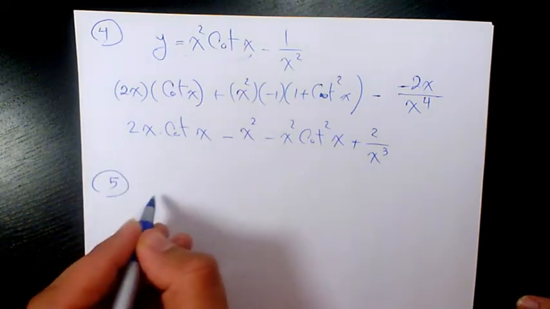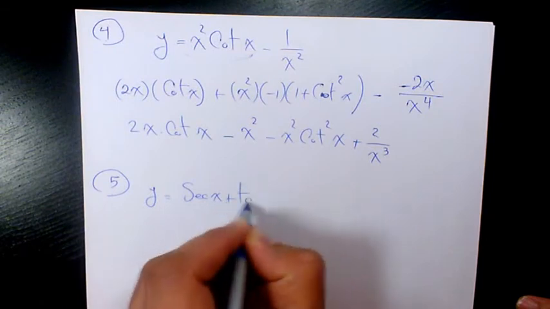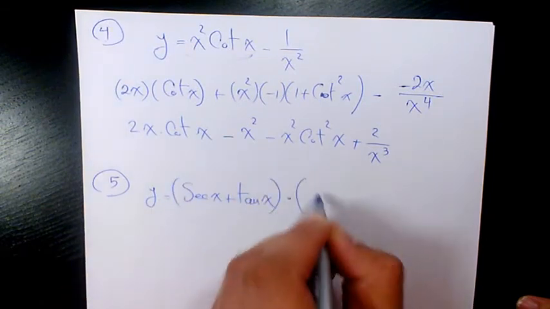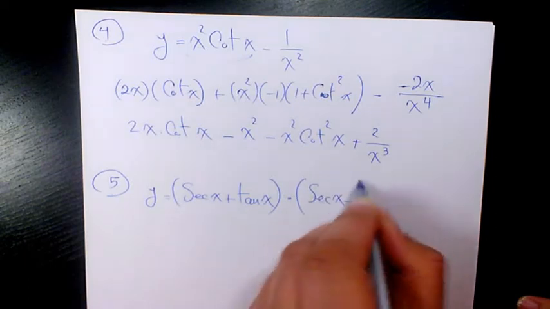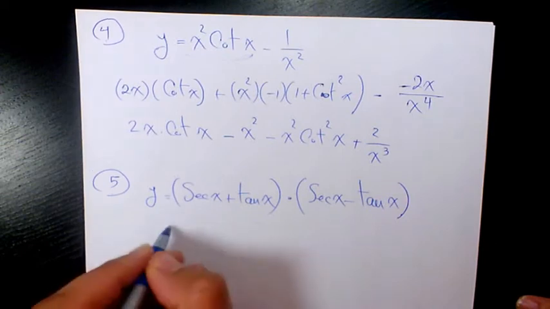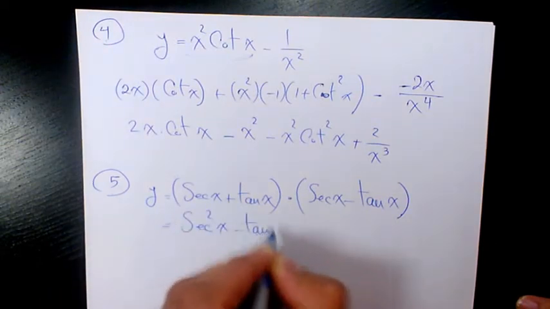The next one is secant x plus tan x times secant x minus tan x. That's the difference of squares. You can say secant squared x minus tan squared x.